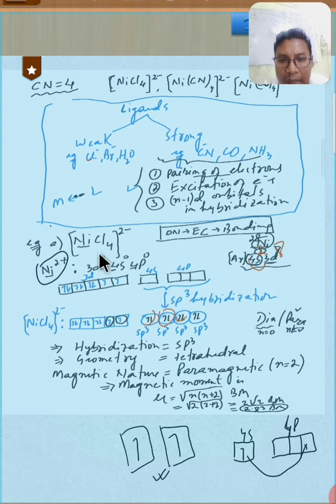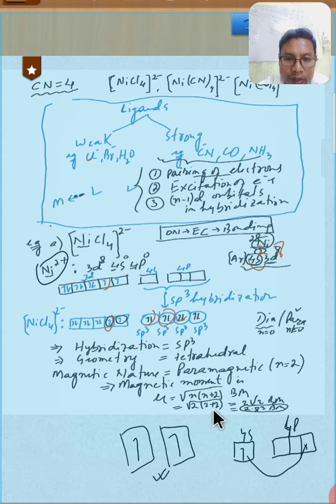Magnetic nature is paramagnetic because there are two unpaired electrons here. Since there are unpaired electrons, we can calculate the magnetic moment. The number of unpaired electrons in this case, n, is 2, right?